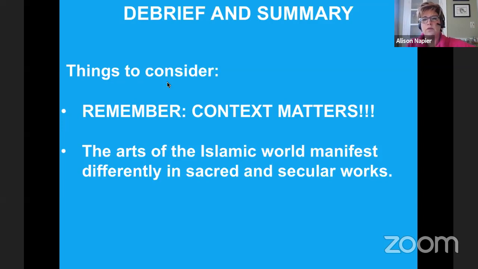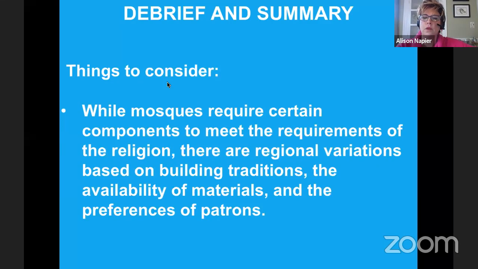All of that has to be factored in as well. So while mosques require certain components, the Qibla wall, the mihrab, that have to be there to meet the requirements of the religion, again, availability of materials, preferences, traditions of building, preferences of patrons all factor in.